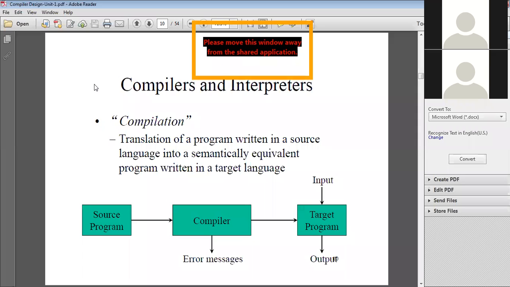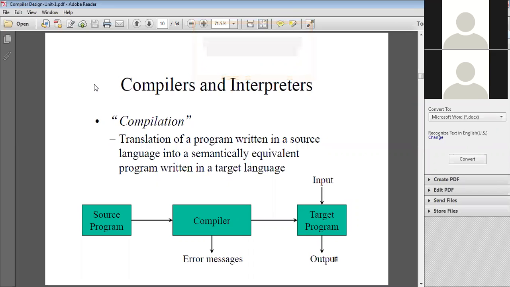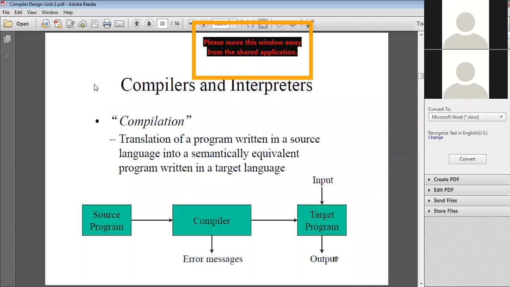Whenever you write a program in C, the program you write in the high level language on the computer screen is called the source program.